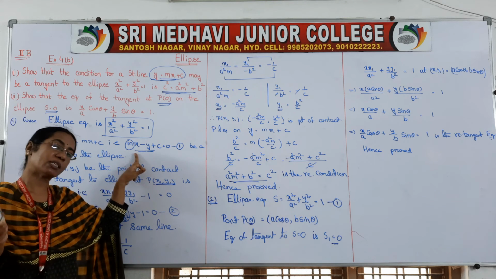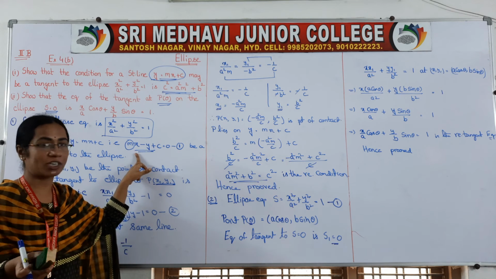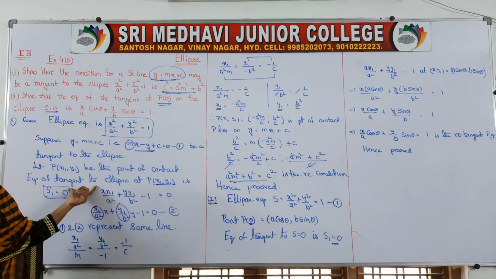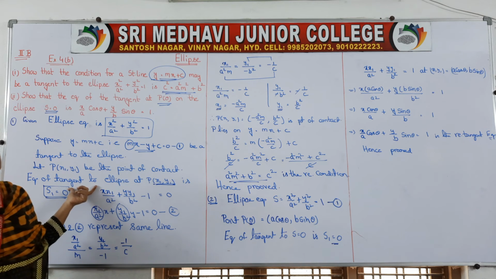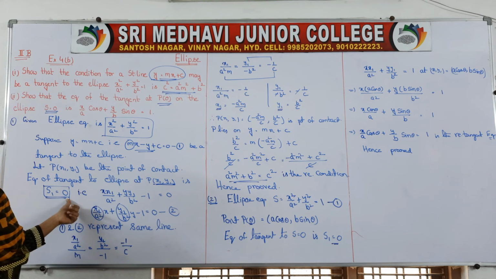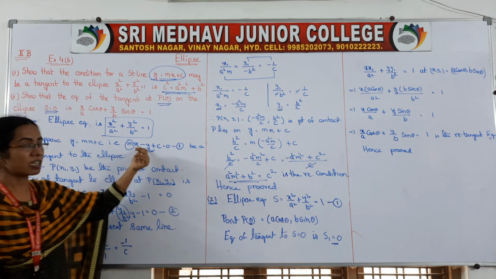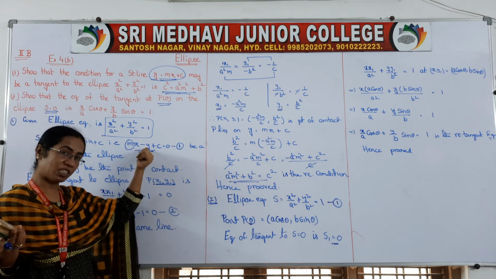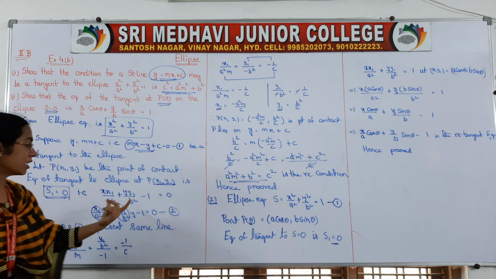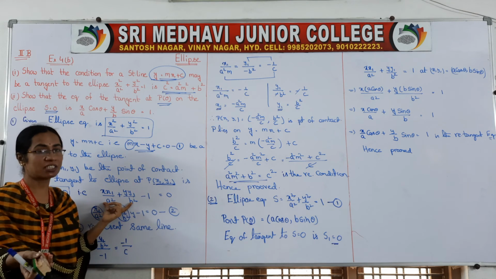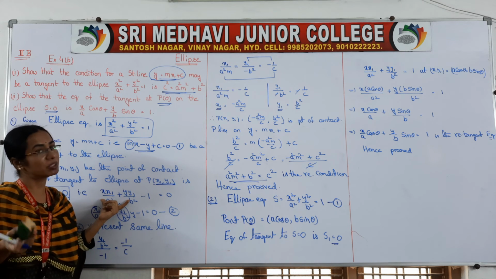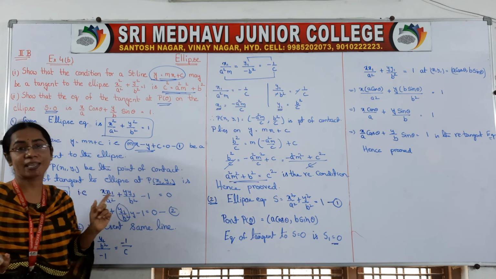I said P(x1, y1) is the point of contact, and I have taken the equation of the tangent at the point P(x1, y1), S1 = 0. Here I said P(x1, y1) is the point of contact of this tangent with the ellipse, and here I am saying the equation of the tangent to the same ellipse at the point P(x1, y1), which means both represent the same line.